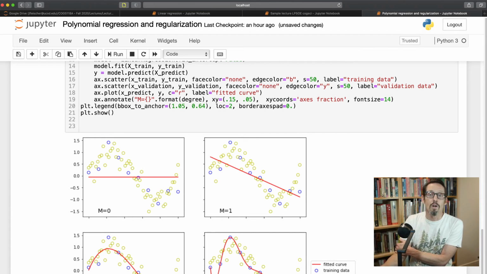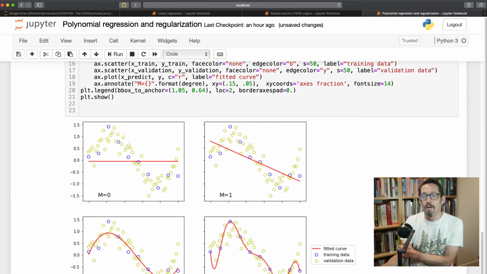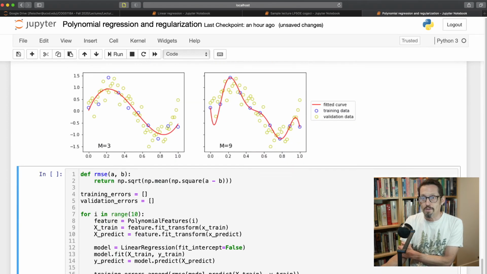There in blue are the original training set that we drew a while back. That is what we used to fit the algorithm. Okay? So you have the same polynomials, 0th order, 1st order, that is a line, 3rd order, 9th order. And you can easily see that the 3rd order is going to generalize relatively well, and the 9th order is a pile of steaming horse poop.